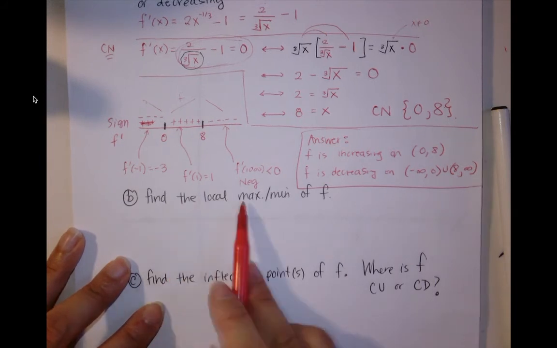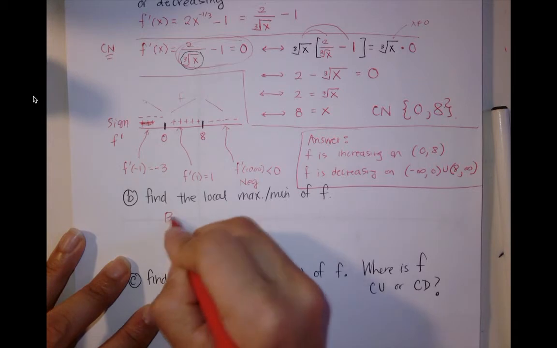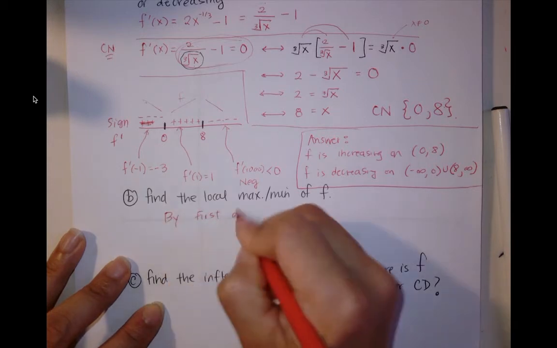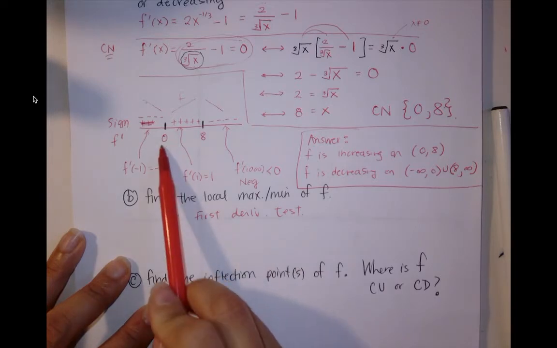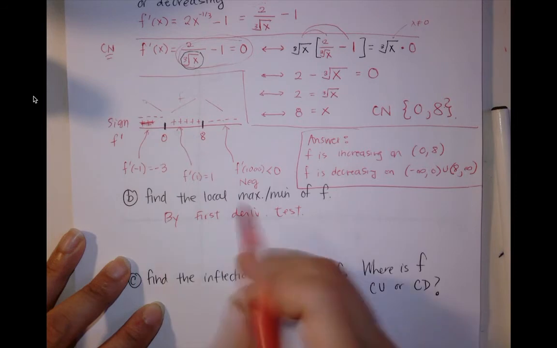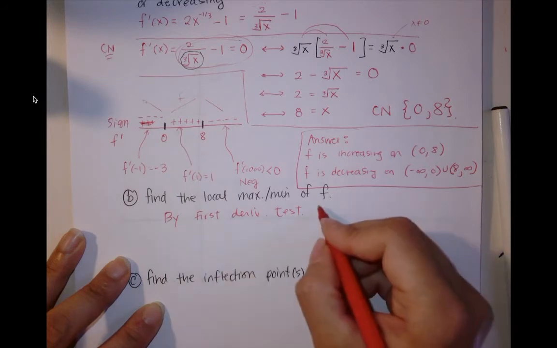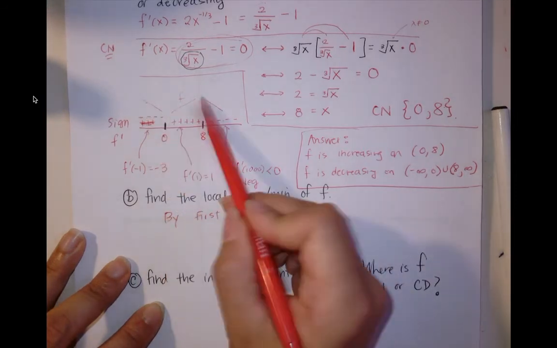Okay. Part B asks me to find the local max and min. So I'm just going to apply the first derivative test. By the first derivative test, we have that at this critical number, 0, the derivative went from negative to positive. So that means that that is a local min, because the function goes from decreasing to increasing.